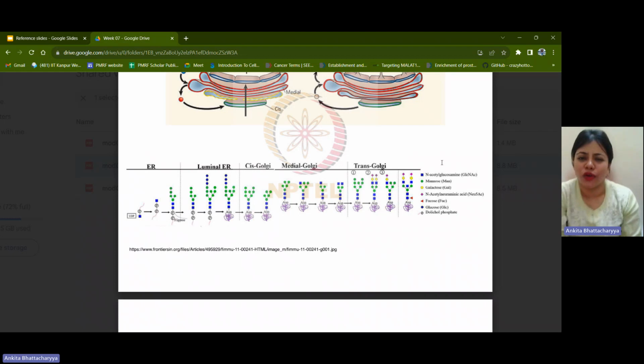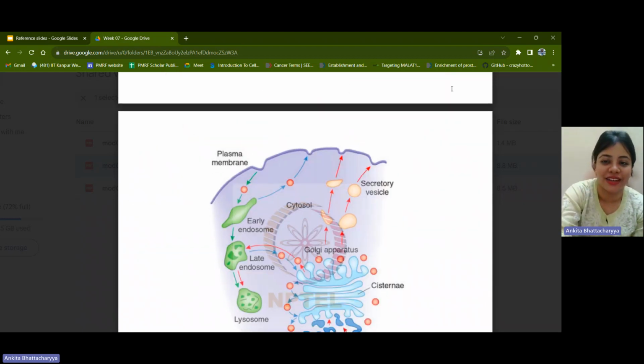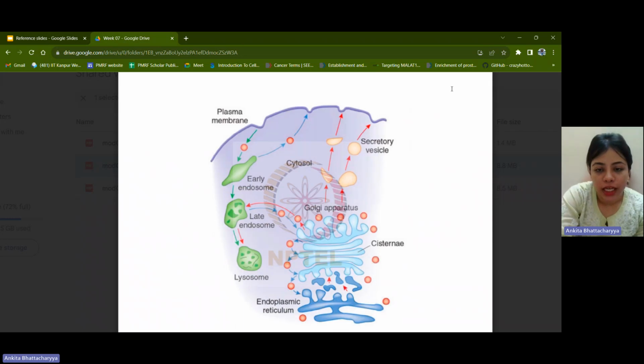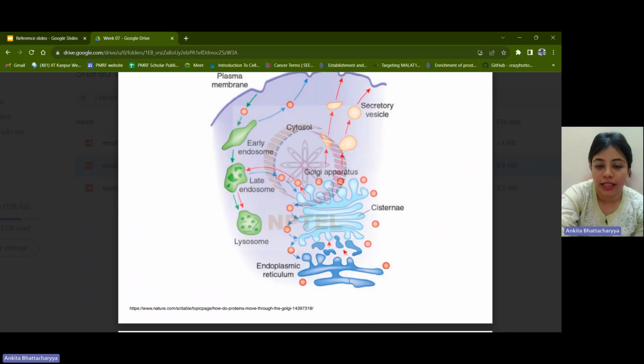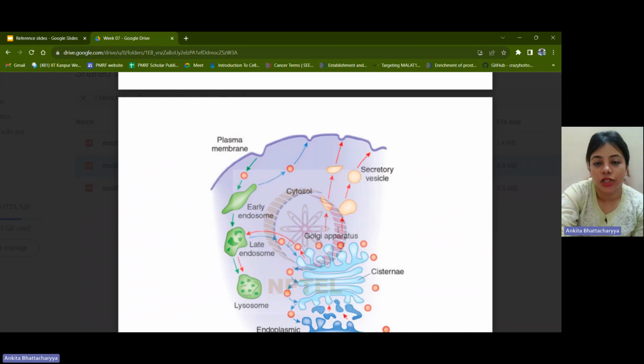So a lot of things actually take place. This is a very extensive study, a very extensive chapter, you can think of it, that needs to be studied. But anyway, from here, you get the basic idea of what is happening. So we saw that the proteins can get synthesized in the ER or in the cytosol. From there, they move through the cis, medial, trans Golgi.